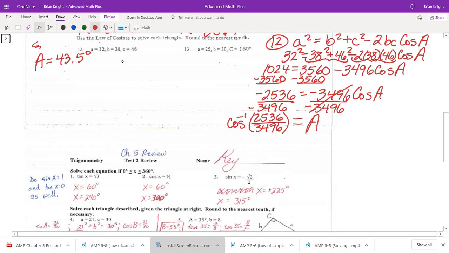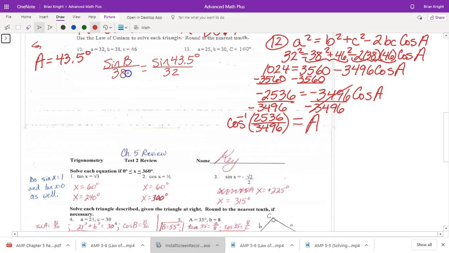On the top. So instead of putting B over sine of B, I'm going to say sine of B over little b. Okay? Which, what is little b? 38 equals, we know now, A. So sine of 43.5 degrees divided by little a is 32.